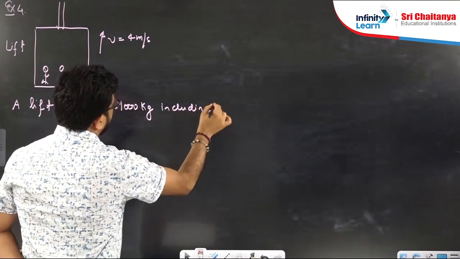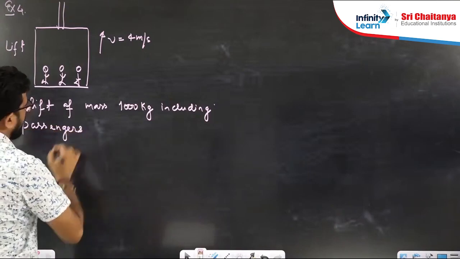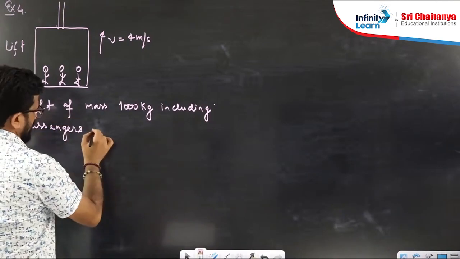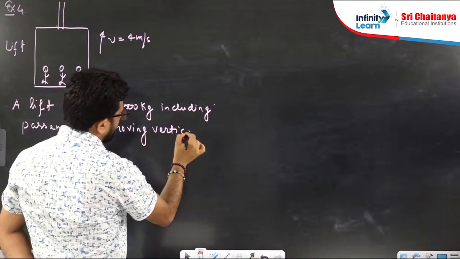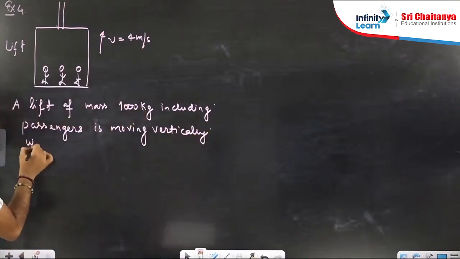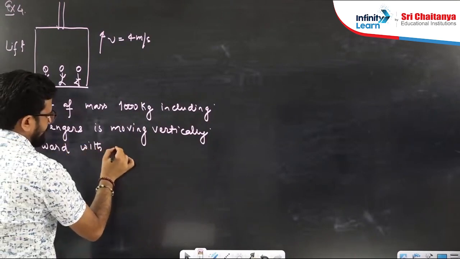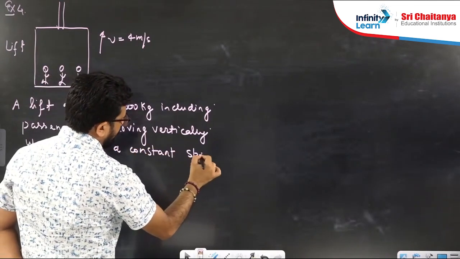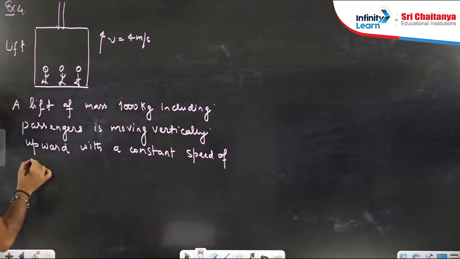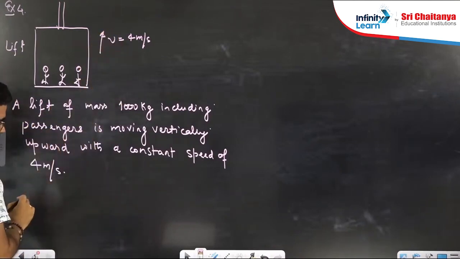including passengers, is moving vertically upward with a constant speed of 4 meter per second.